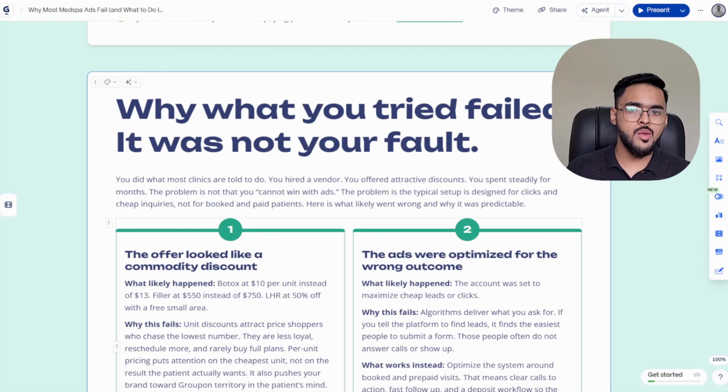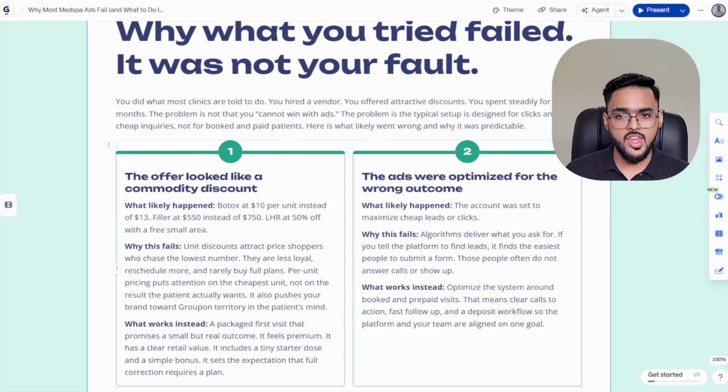There are about 10 big reasons why most Medspa ads fail, and you'll probably recognize a few of these from your own experience. So the first reason is most clinics run ads that just discount Botox or fillers by the unit, like $12 or $13 down to $7, $8, $9, $10, or $750 for a session down to $550.